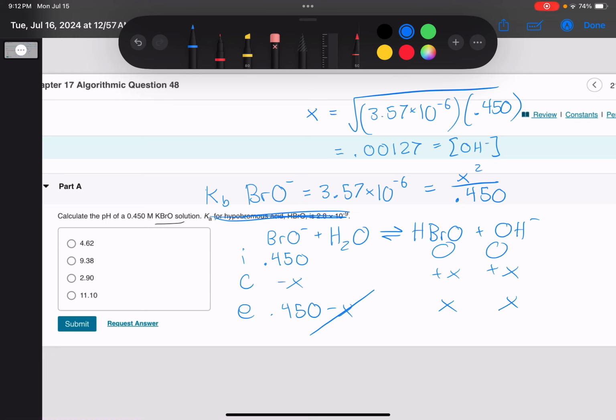So I get the pOH being 2.896. So the pH is 11.10. Okay. Notice they put that as an option because they're trying to throw you.